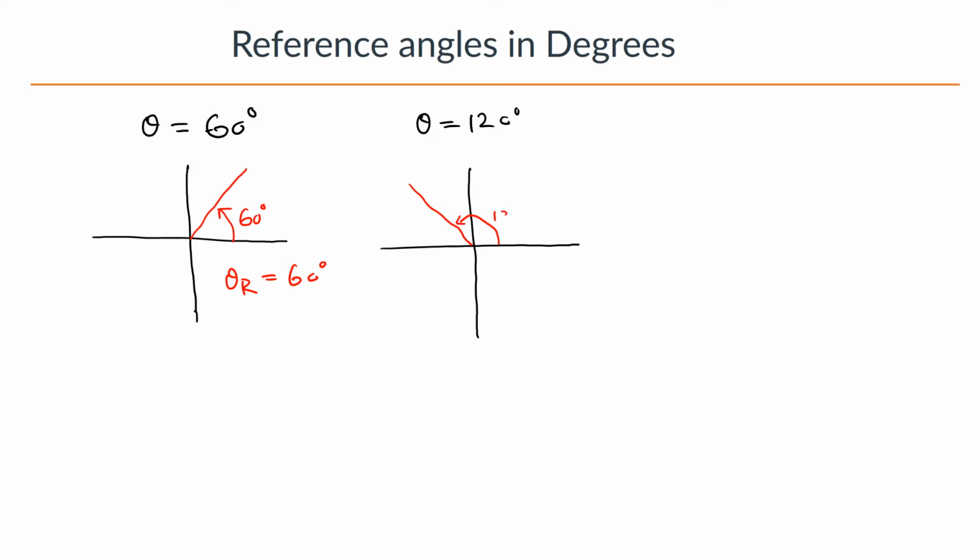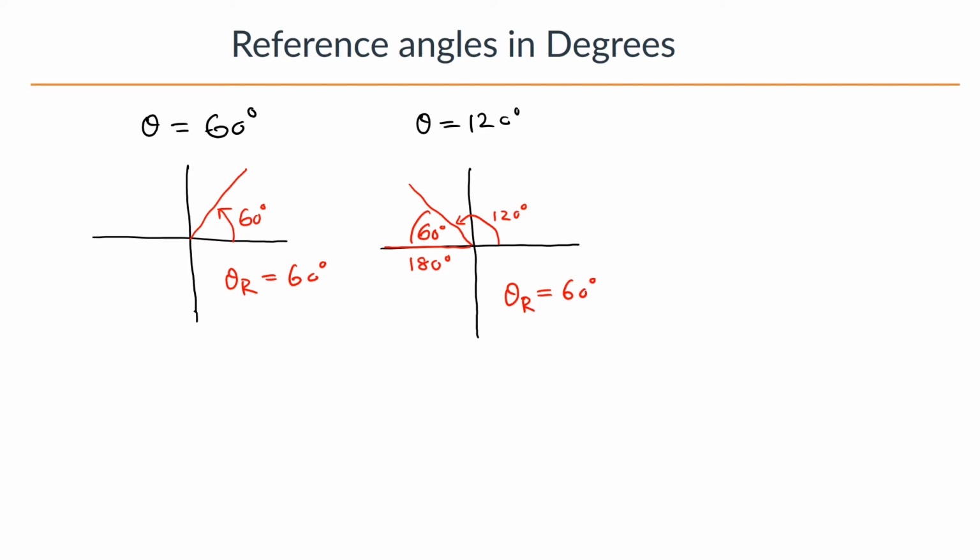Now we see what the closest angle on the x-axis is. In this case the closest angle on the x-axis is 180. So we take the difference between those two angles, 180 and 120. The reference angle in this case is 60, because the difference between 180 and 120 is 60. So the reference angle theta r is 60.